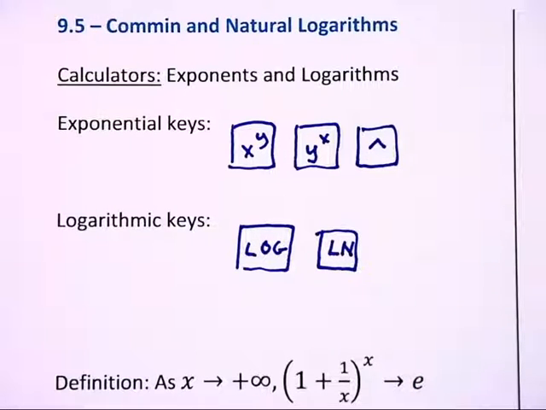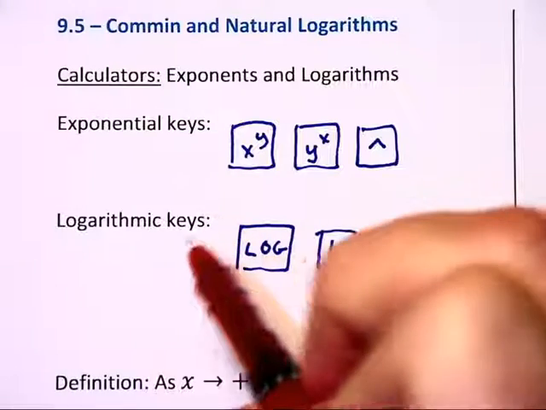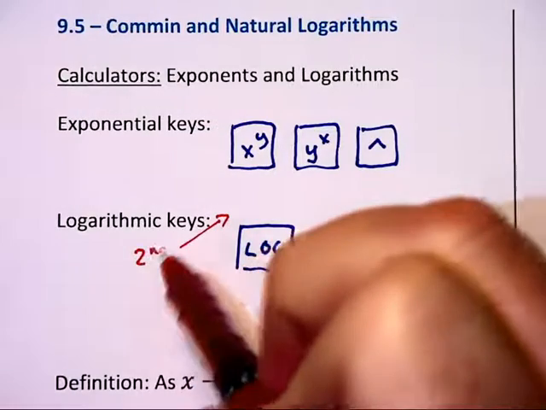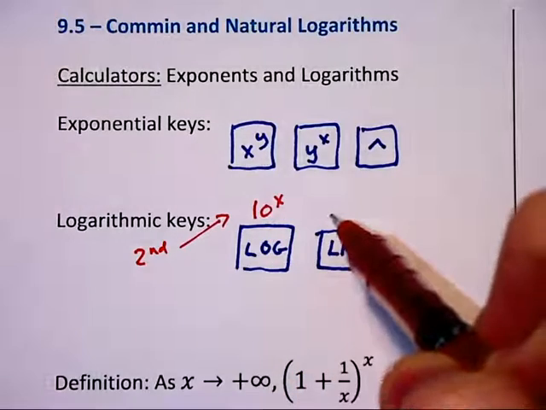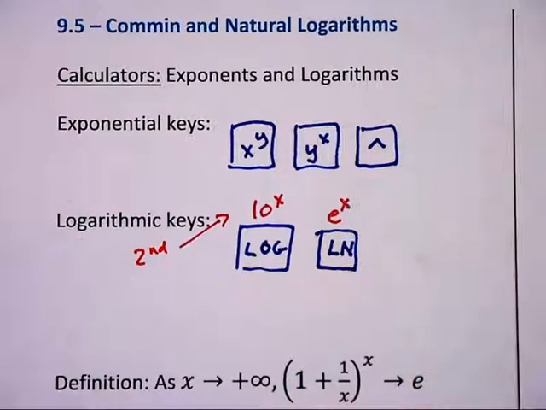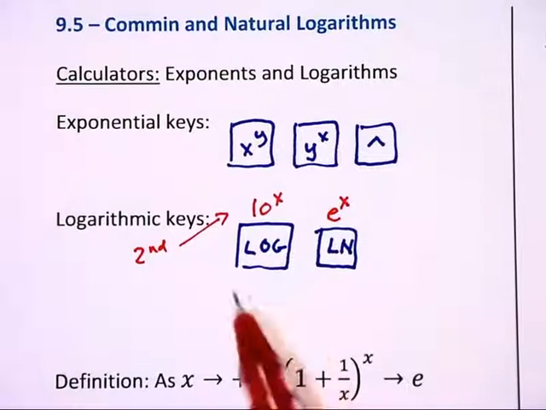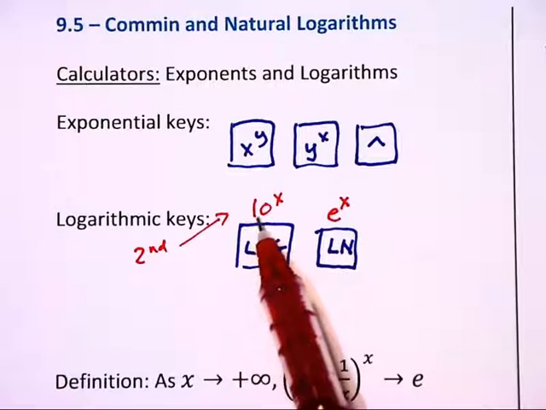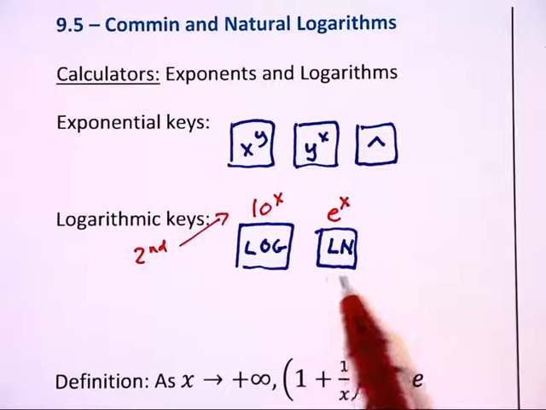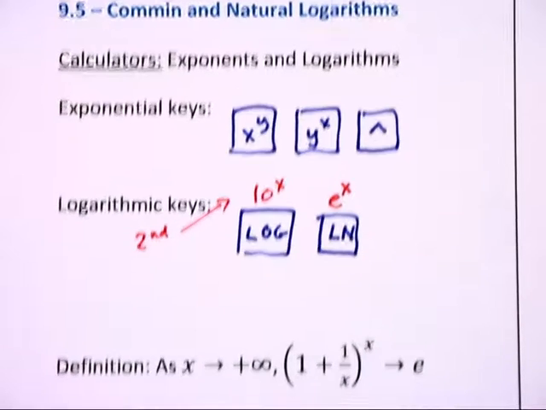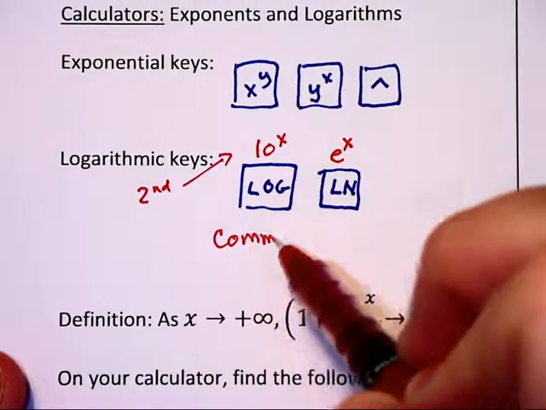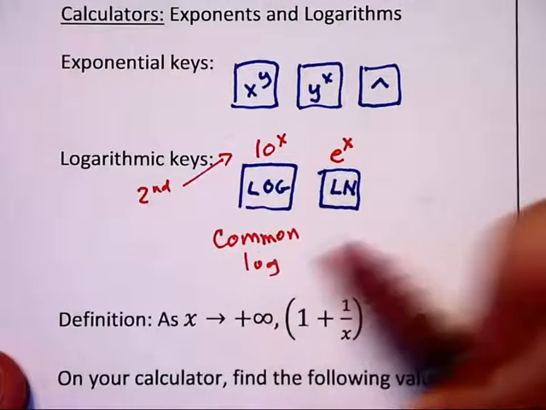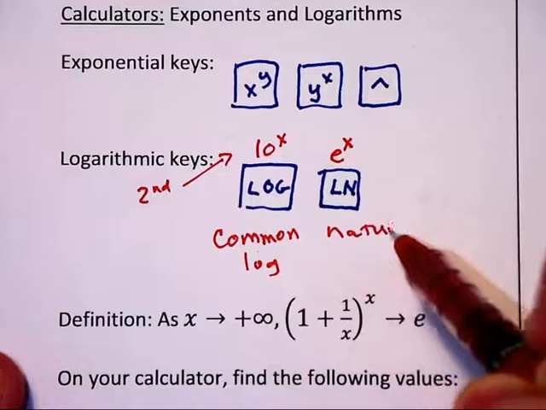And above these keys, that you have to hit the second function to get up to, should be written 10 to the x and e to the x, because the common logarithm, log, has base 10 and the natural logarithm has base e, where e is a number we're going to get used to using. So again, this is called the common log and the other one is called the natural log.